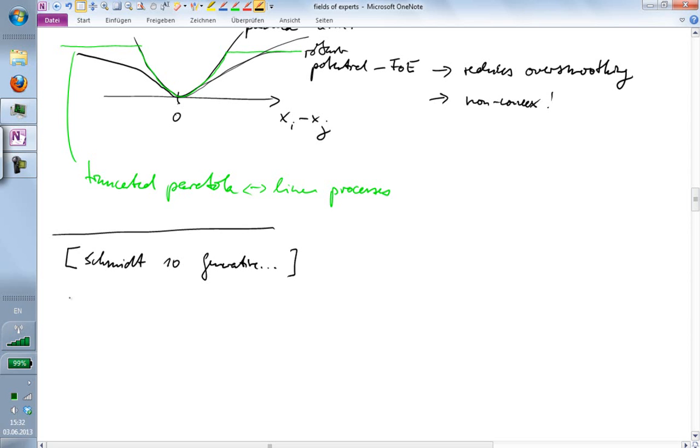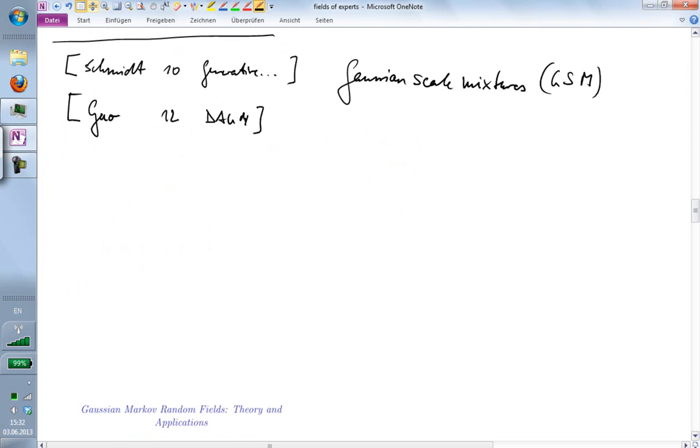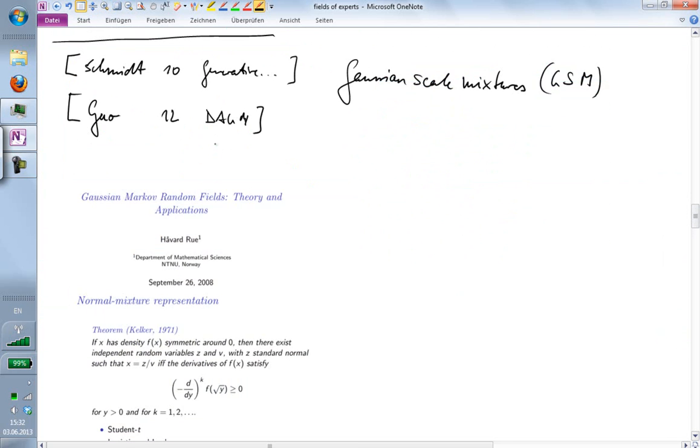Or also from the Roth group, there is a paper where the first author is Gao, from DAGM 2012. And they look at Gaussian scale mixtures. With Gaussian scale mixtures, you can also approximate any robust potential that you want.